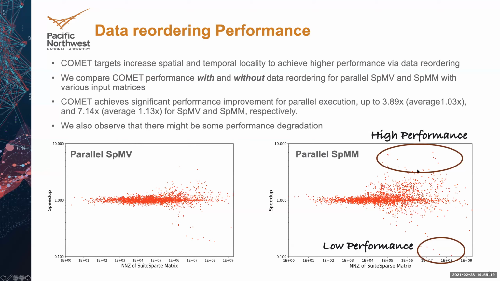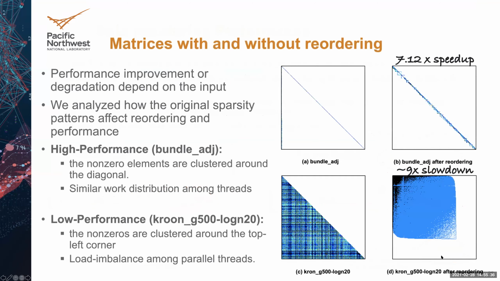What we can see is that in some cases we have very good performance, a 7x performance improvement with the data ordering. But in some cases, the performance degradation is significant. We looked at these particular cases, with 7x performance improvement with the data reordering and, on the other hand, 9x slowdown.